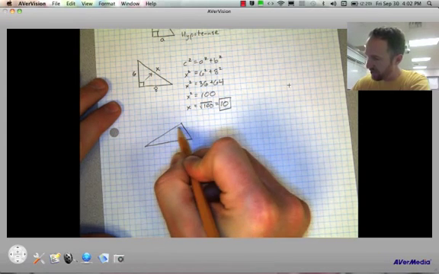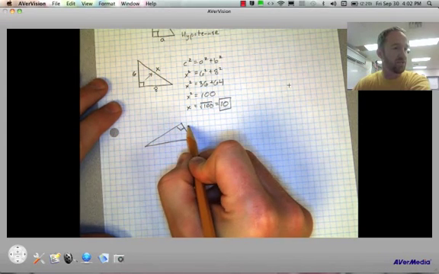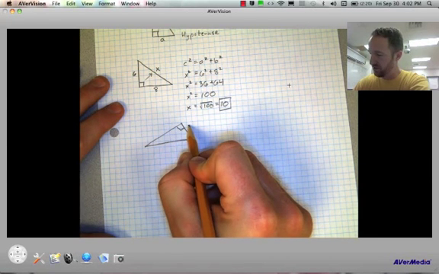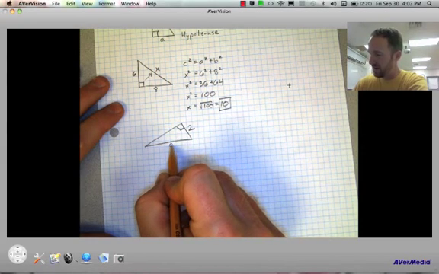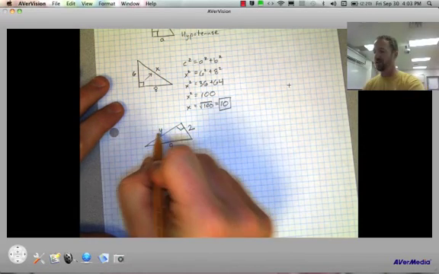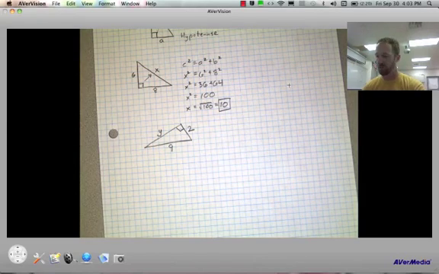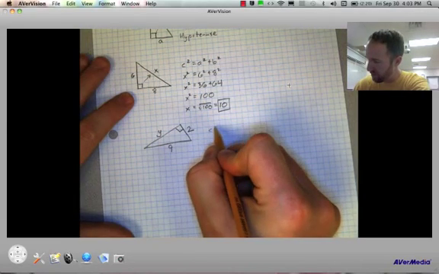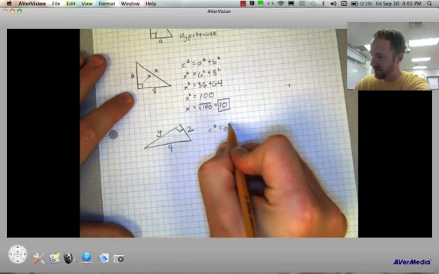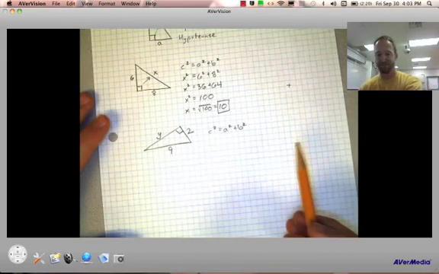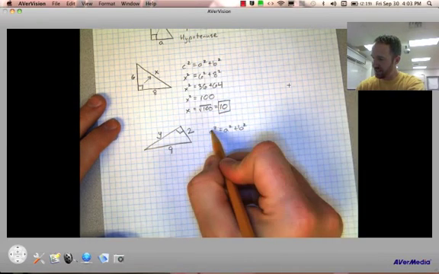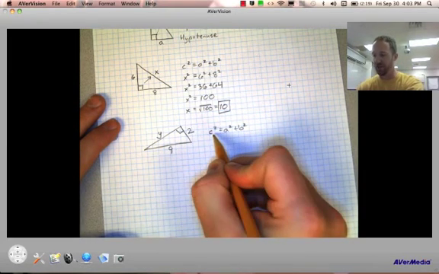Here is another right triangle. Let's say this side is 2. Let's say this side is 9, and we're looking for this side here, y. That's our Pythagorean theorem: c squared equals a squared plus b squared. Now, which side do we put in here for c?